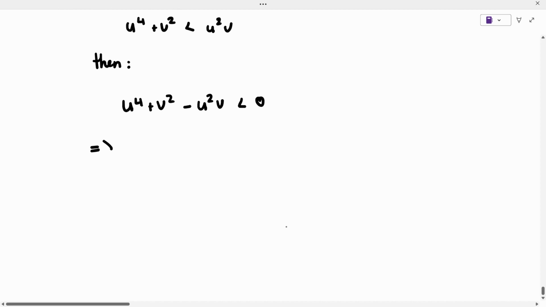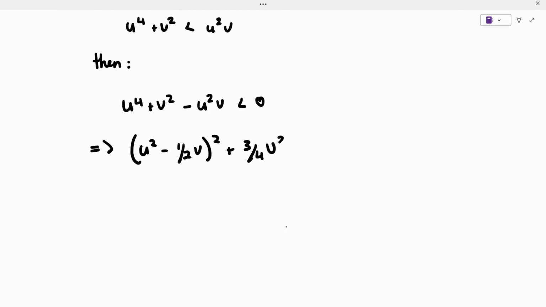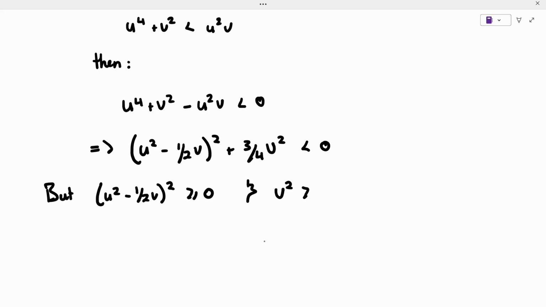And that implies that (u^2 minus a half v) squared plus 3/4 v^2 is less than 0. But (u^2 minus a half v) squared is greater than or equal to 0, and v^2 is greater than or equal to 0, which implies 3/4 v^2 is greater than or equal to 0.